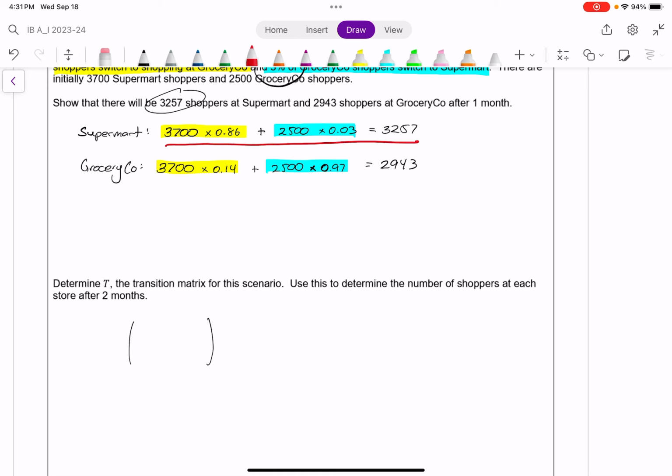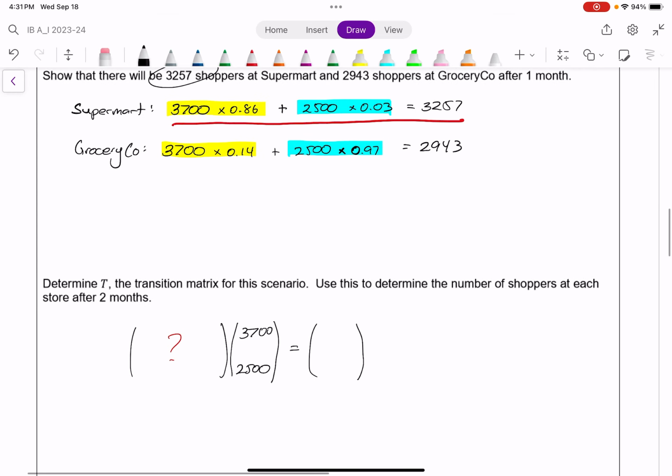I have some matrix that's going to take into account all these shifting percentage amounts times our initial amount, which was 3,700 for Supermart and 2,500 for Grocery Co. And it should lead to these values we got, 3,257 and so on. So what I want to do now, where that question mark is, this is the key part: how can I summarize what I did up here?